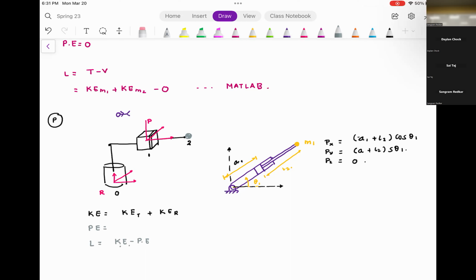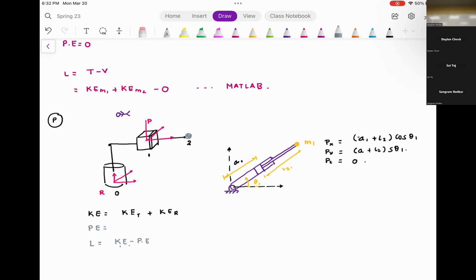Please understand, we have solved this problem in the class. The only difference here is the robot would physically look like this. But if you want to represent the kinematic diagram of this robot, there is a revolute joint and there is a prismatic joint.